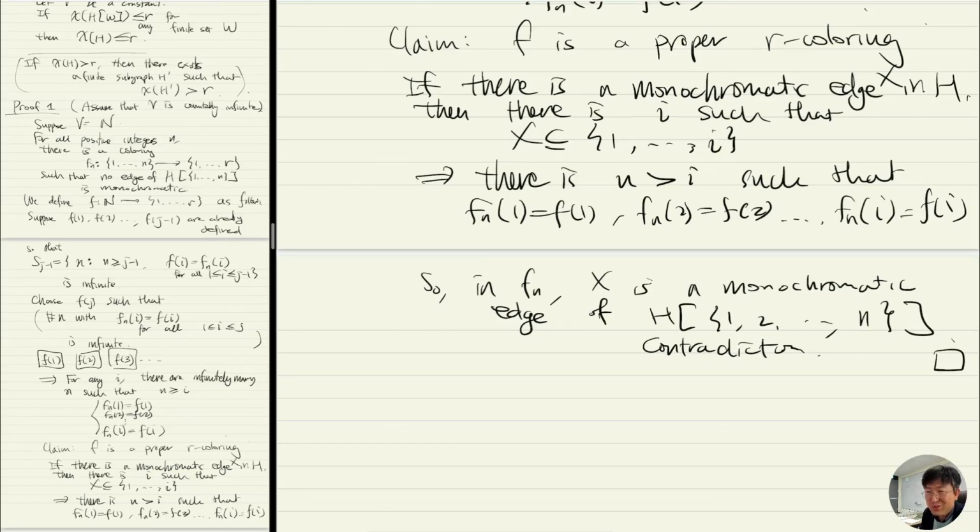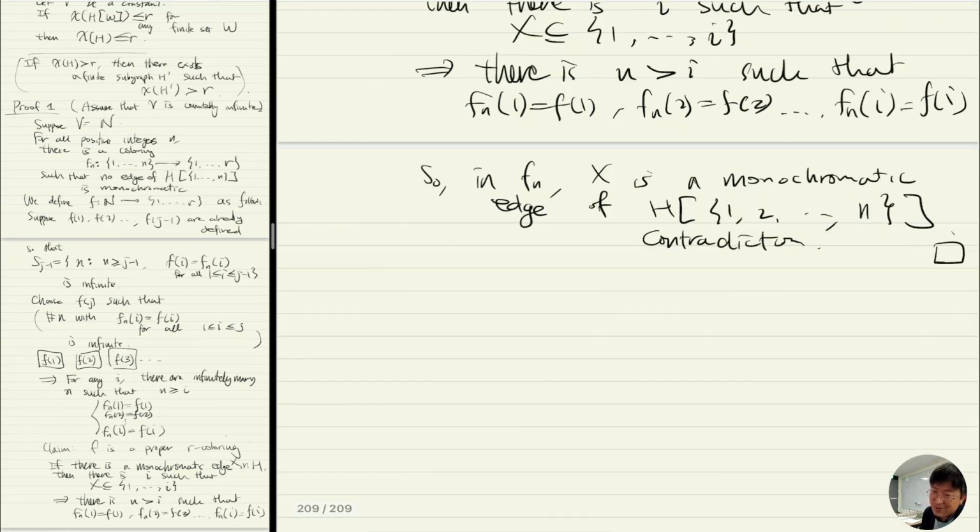This proof only works when the set of vertices is countable. Now, if you have taken a topology course, I can show you the second proof. The second proof works for the general case, but it assumes the axiom of choice.